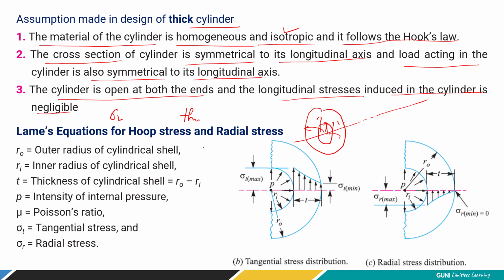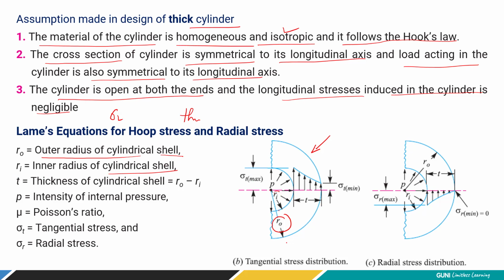Okay. Now, to understand Lame's equation, you need to understand some of the terms associated with the design of the thick cylinder. The first is the outer radius of the cylindrical shell, which is defined by RO, right? The largest radius of the thick cylinder, from center to outer surface. Now RI, the inner radius of the cylindrical shell, is from center to the inside surface.